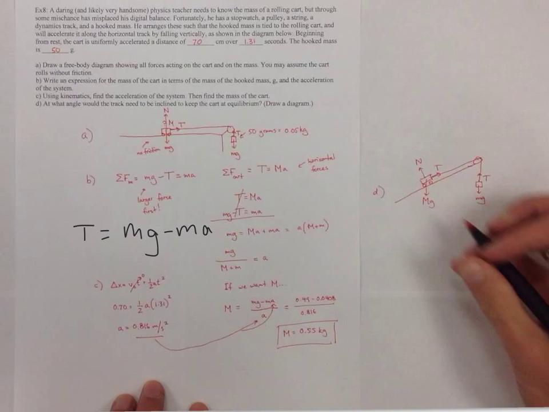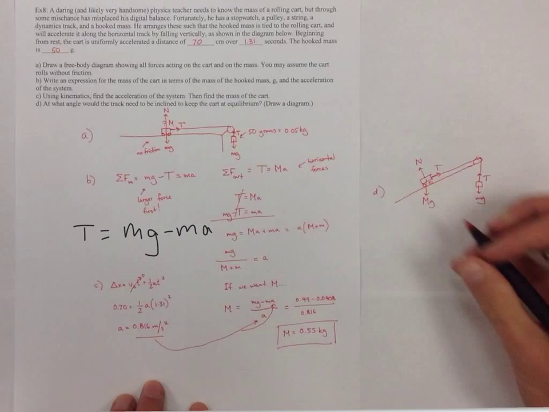For part D, it's asking about what exactly is required in order to keep the cart at equilibrium, which means now the acceleration will be 0, and therefore the tension just equals the weight. Okay, let me say that a different way. The tension only equals the weight of the object if it's just hanging there.